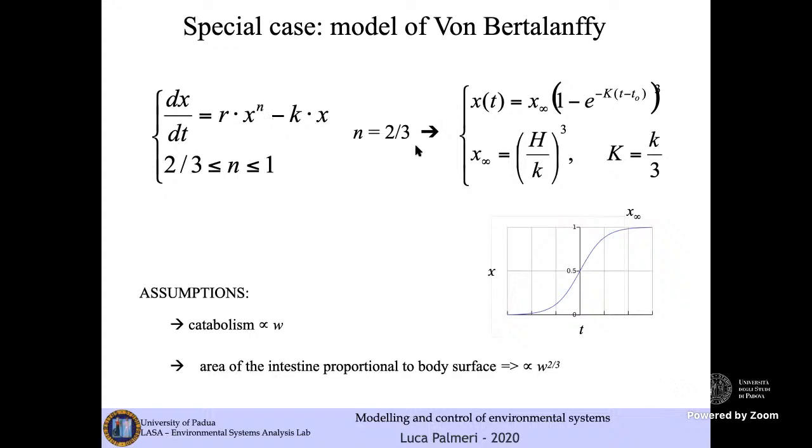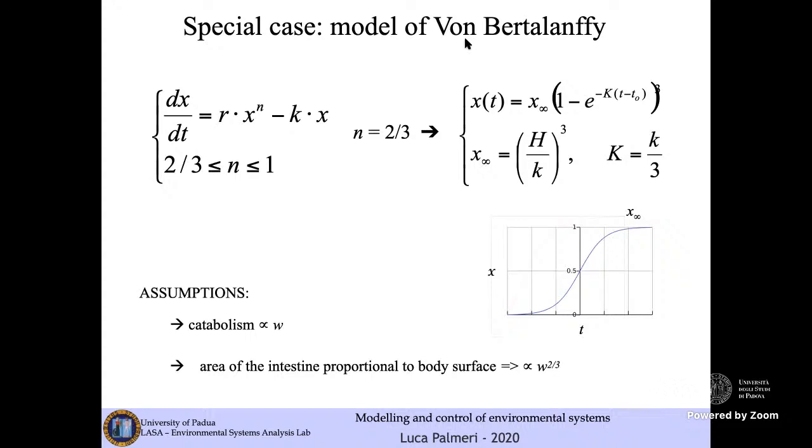2/3 is 0.66. Several organisms whose growth may be described by this model, more specifically by the von Bertalanffy special case, may be calibrated by using a value of growth exponent equal to 0.66.